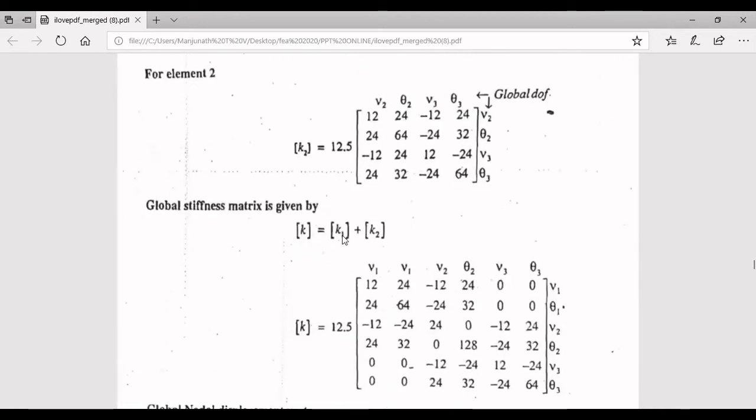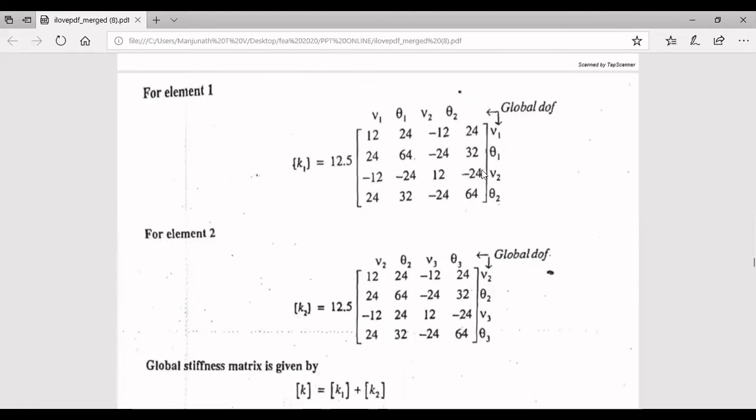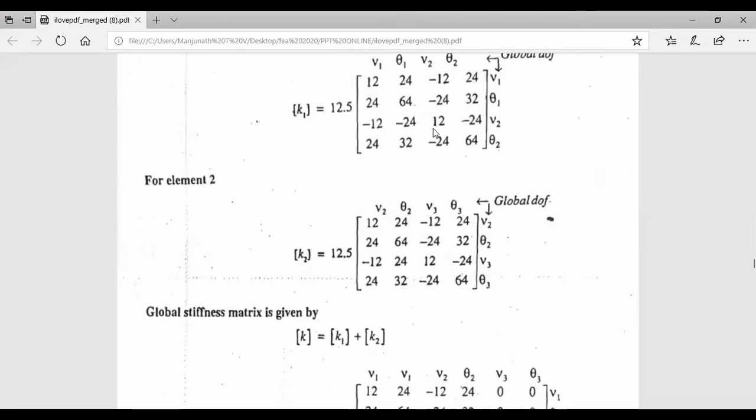Now take Ke1 plus Ke2. First write the values of Ke1. As you write Ke1, the last four coefficient values are going to be added to the first four coefficient values of the second element.